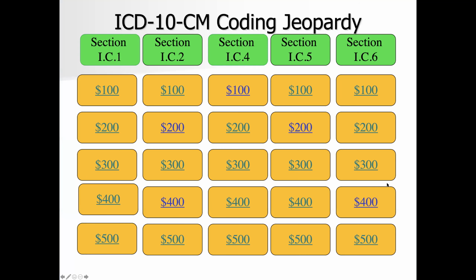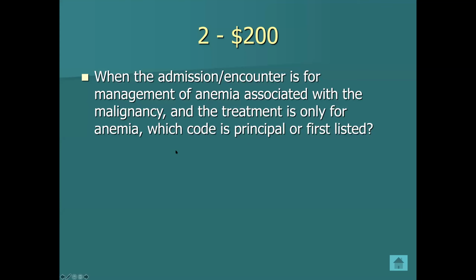Section 2 for 200. When the admission or encounter is for management of anemia associated with the malignancy and the treatment is only for anemia, which code is principal or first listed?